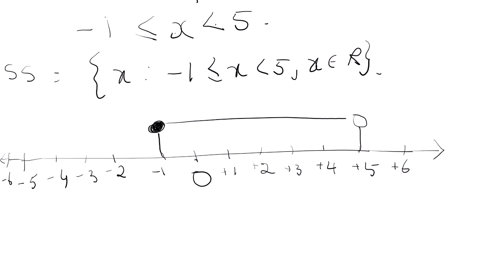So you have to combine this and shade this. So this is how you have to represent it on the number line. Graphing the solution set on the number line means this only. You need not draw it on the graph paper. Okay, understood?